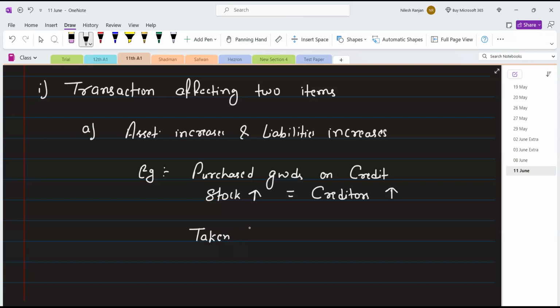The second is taken loan from bank. So if bank gives you a loan, then your bank balance will increase and loan will increase.